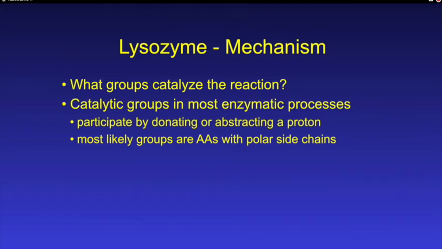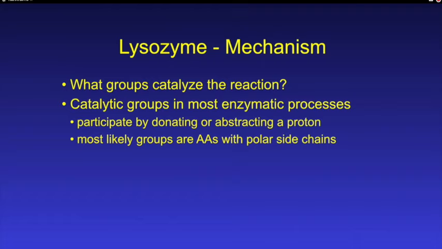Well, we try to find groups that are internal to the protein, the ones on the inside, that are polar. Remember, when proteins fold, they attempt to put the hydrophobics on the inside and the polar ones on the outside, so that it's soluble in water.